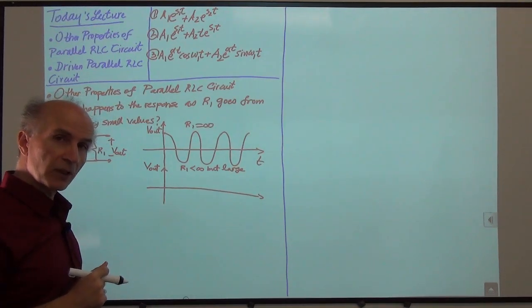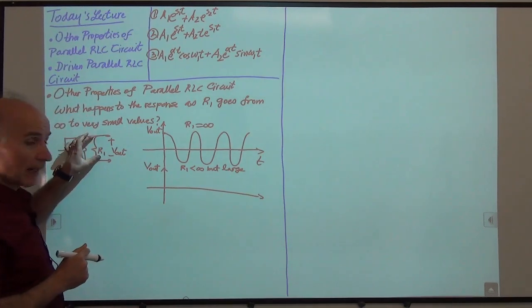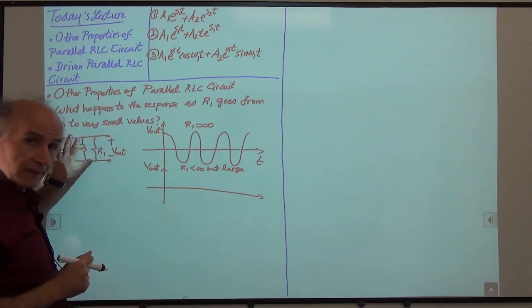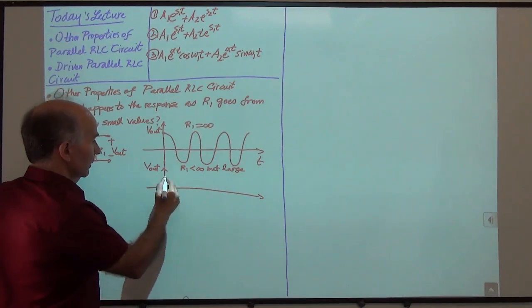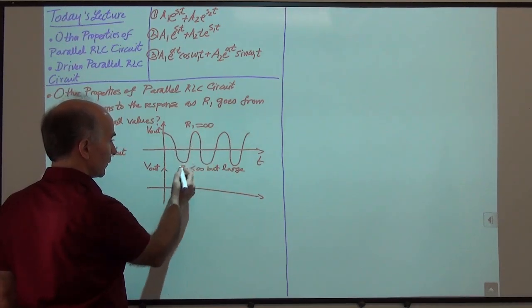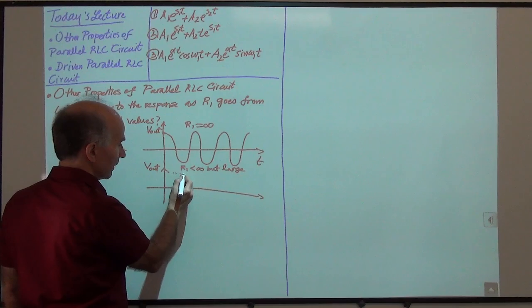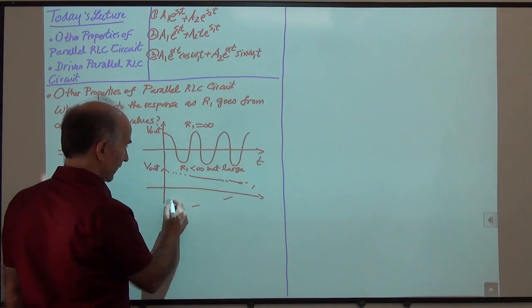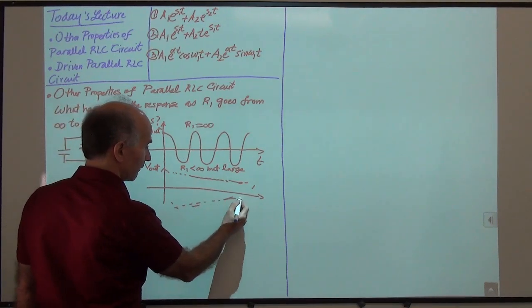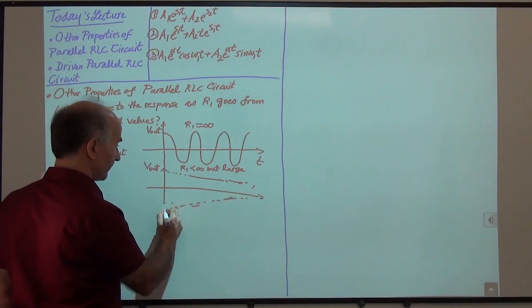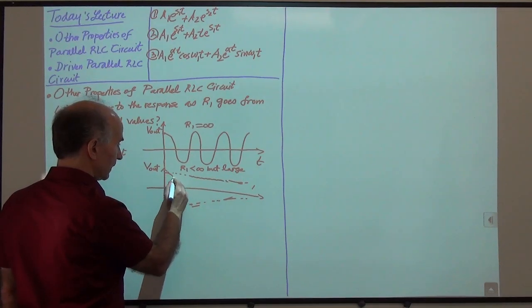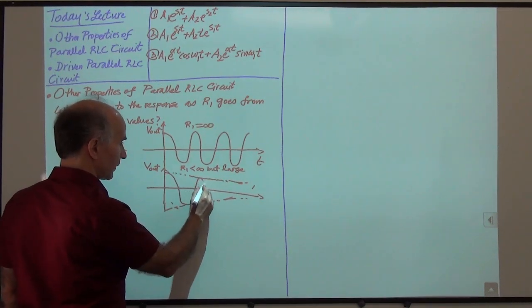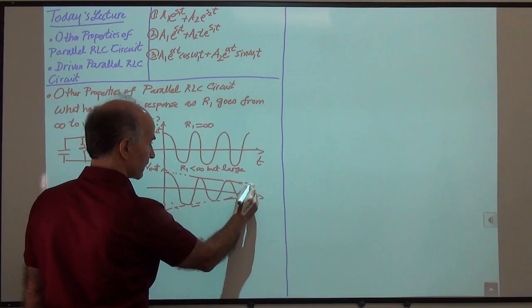If R1 is large enough, what happens is that we gradually lose the energy of the system over time. So we have a sinusoid, a cosine, but it decays very slowly. It has some sort of envelope like this, and the envelope is a very slow exponential. So it's going to go like this, and gradually it decays.